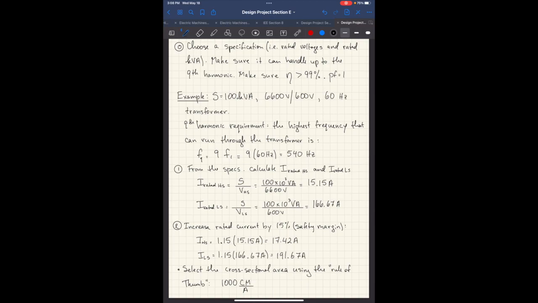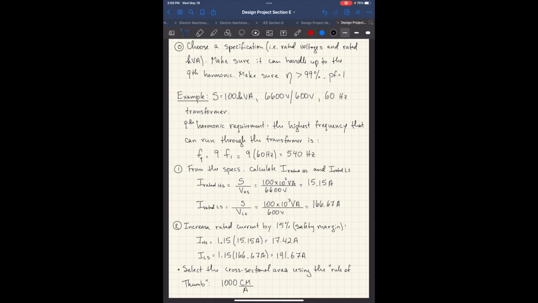I'll explain it, don't worry. Rule of thumb is 1,000 circular mil per amp. Essentially, the circular mil, by the way, in case you guys forgot, was discussed in Intro to Electrical Engineering, which was a long time ago.